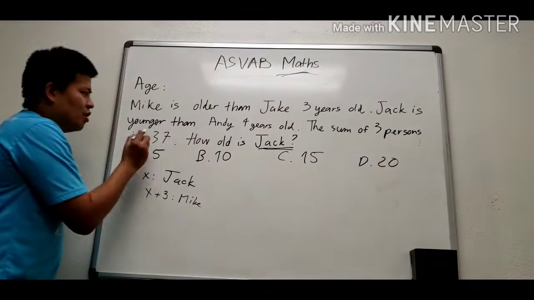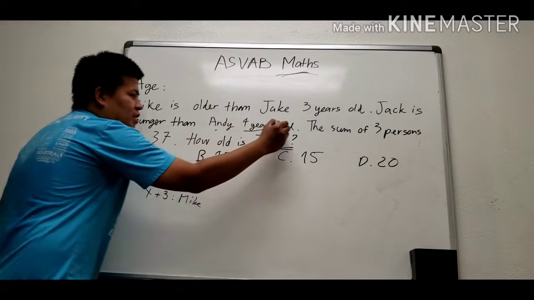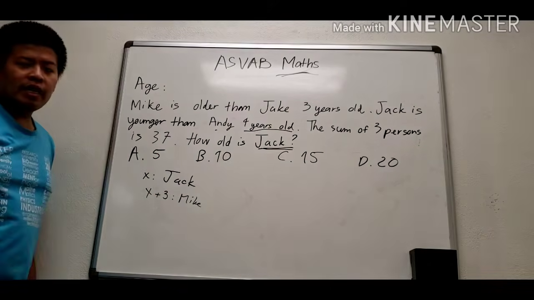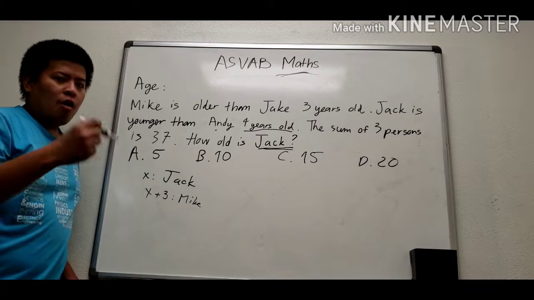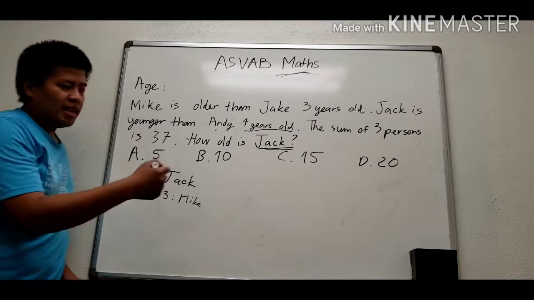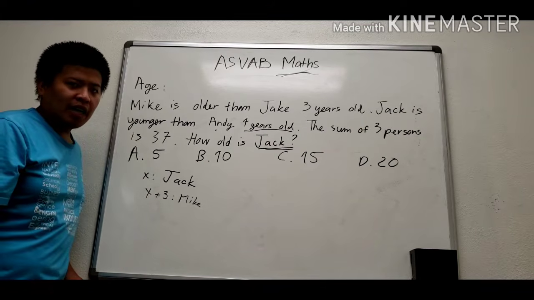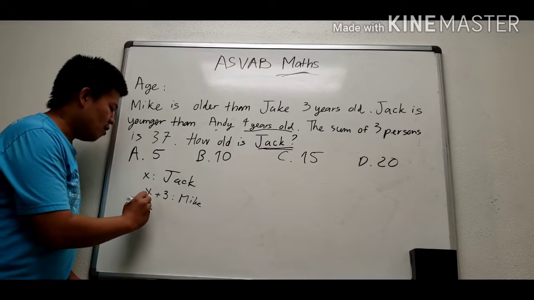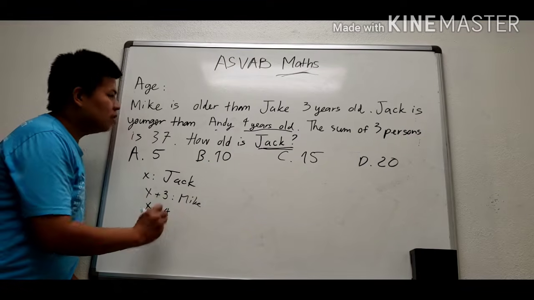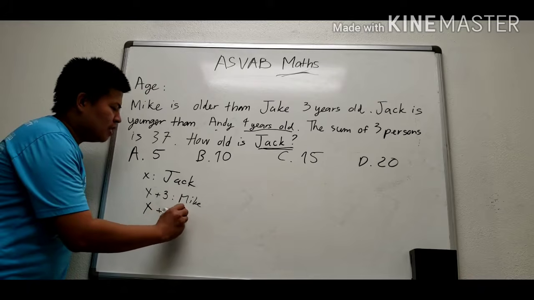Jack is younger than Andy by 4 years. So it means Jack is lower than Andy. It means Andy is higher than Jack. So we have S plus 4. Let's see about Andy.